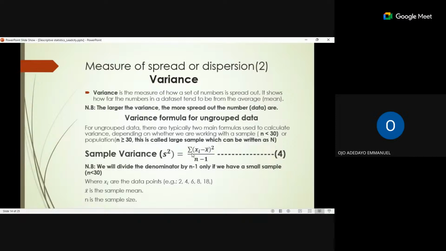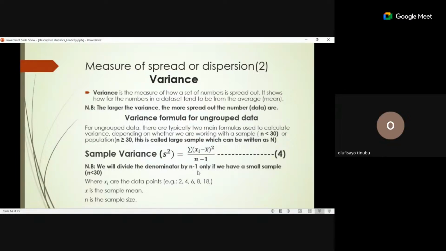So we have the summation of (x_i minus x bar) squared divided by n minus 1, because we have what we call sample variance. That means our n is less than 30. That is the reason why we are dividing it by n minus 1. Are we together, please?